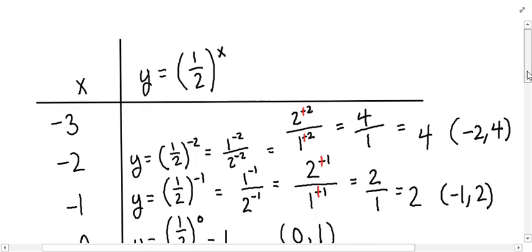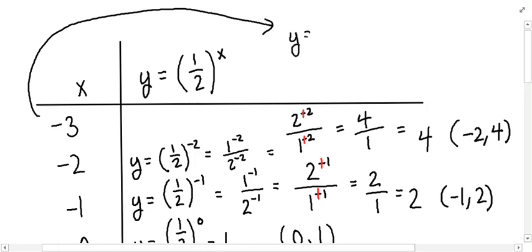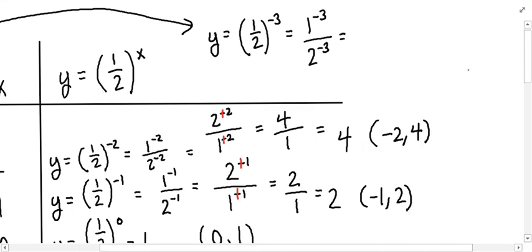Okay, I'm out of room for 3, but I'll do it up here. Okay, so lastly, I'll plug in x equals -3. So we'll get y equals 1/2 to the -3 power. Okay, so raise the top to the -3 power, raise the bottom to the -3 power, eliminate the negative exponents. So we're going to move around in the fraction. 1 to the -3 will move from the top to the bottom, but we'll change the sign of the exponent.